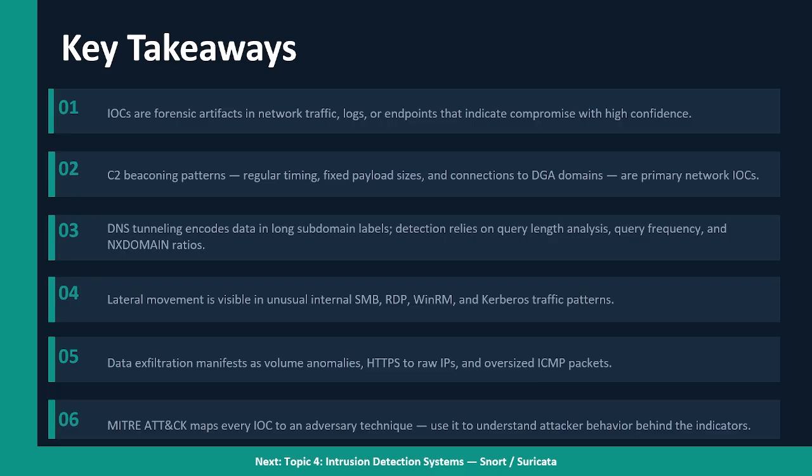Beaconing patterns: anytime a system is constantly trying to talk to a command and control server, there will be some pattern that will show up in the logs. Lateral movement is a huge concern, and it can be revealed through SMB queries or RDP or WinRM or Kerberos and that sort of stuff.